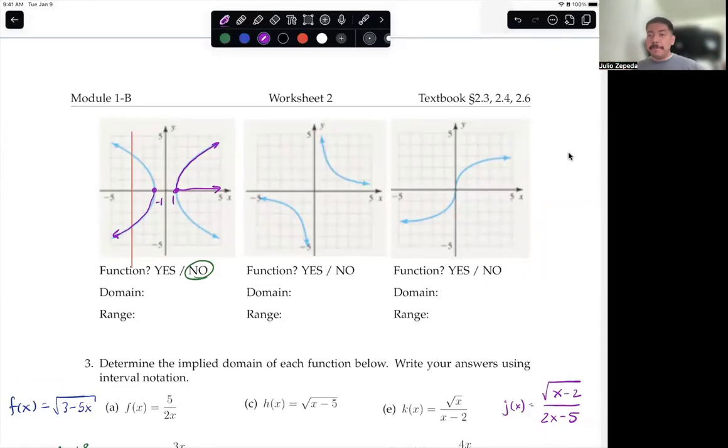I also move to the left. Okay, to the left forever. And so that would be to negative infinity. So my domain is negative infinity to -1. We do include that -1 because there is a point there that has the value of -1 as its x value, -1, union 1 to infinity.